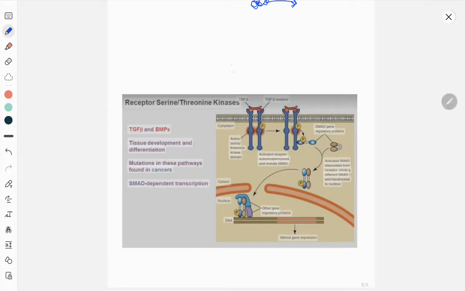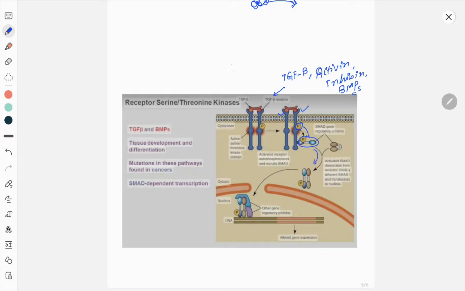This is also a homodimer type of receptor which mainly acts for TGF beta, or activin, or inhibin, or bone morphogenic proteins. So this homodimer will phosphorylate a regulatory protein which is known as SMAD gene regulatory protein.